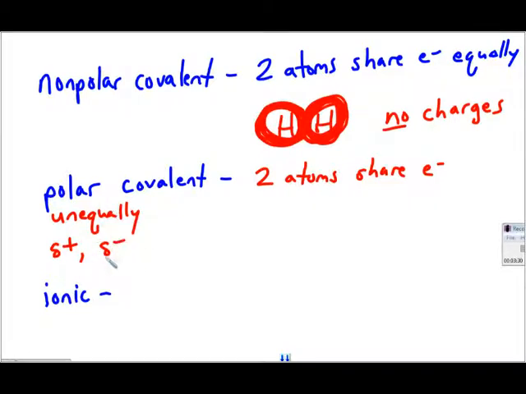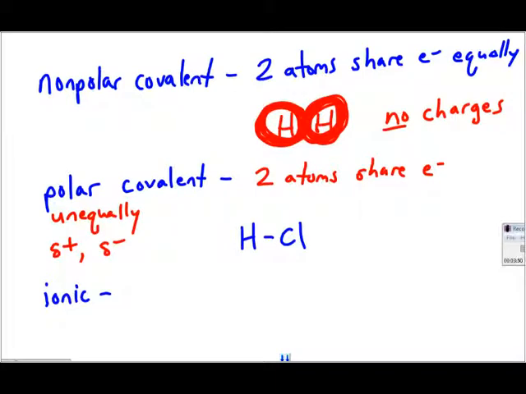And the more bully, the stronger atom is going to become partially negative. Let me give you an example. This time hydrogen links up with chlorine. Chlorine is more electronegative. It's able to attract those electrons with more force.